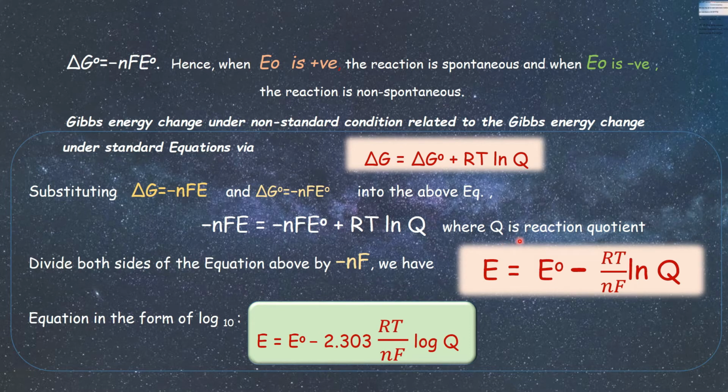You might have studied it in your previous year chapter on equilibrium. The reaction quotient has the same expression as the equilibrium constant. The only thing is that the concentrations are before attaining the equilibrium.